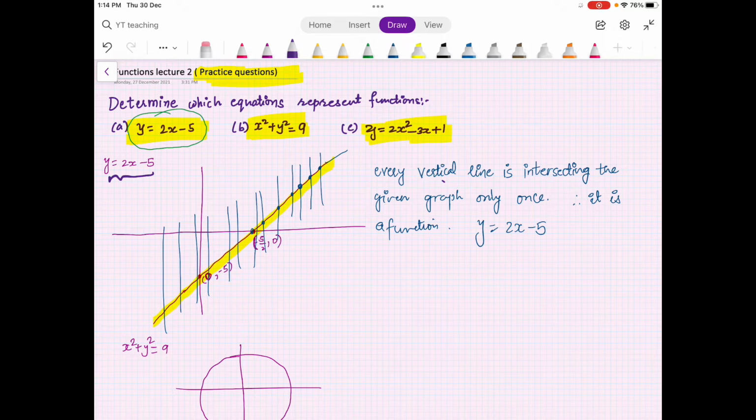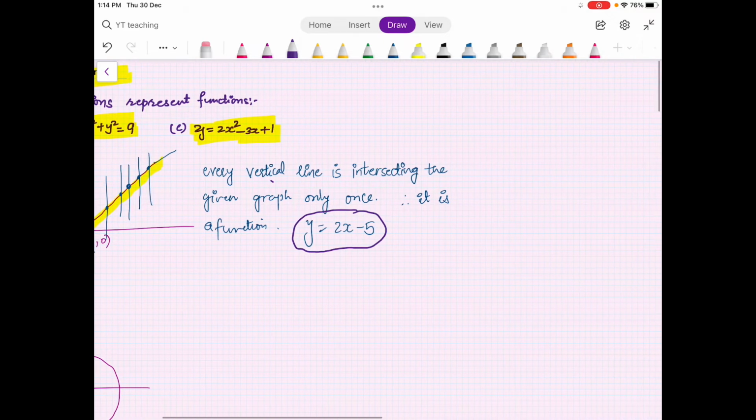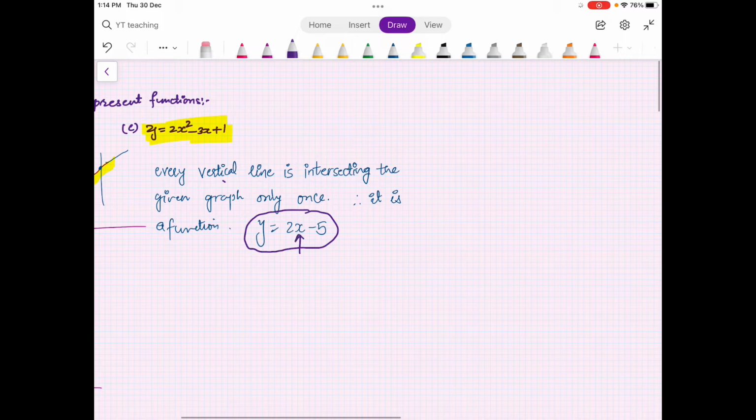There is another way. If you don't want to draw the graph or use the vertical line test, you can use the basic definition. A function is a relation such that for every value of x, you get exactly one value of y. Here, if I give x any value x1, then 2x1 is unique and minus 5 is unique.